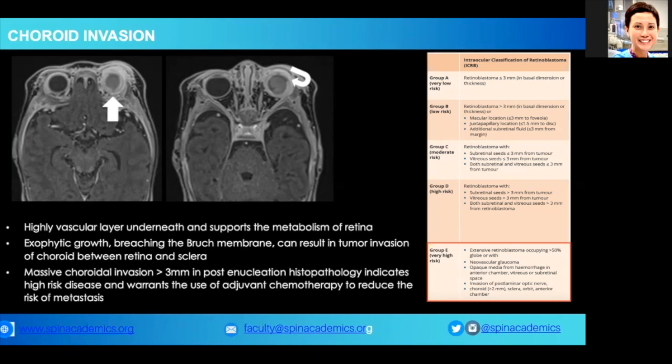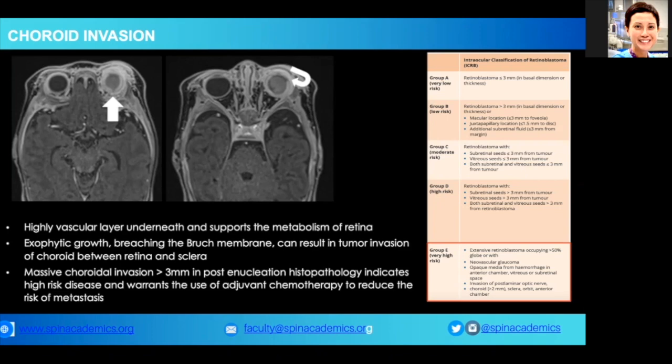Recently, more and more case reports have shown the success of systemic and intra-arterial chemotherapy in controlling such pattern of tumor growth. Massive choroidal invasion of more than 3 mm in post-enucleation histopathology indicates high-risk disease and warrants the use of adjuvant chemotherapy to reduce the risk of metastasis.